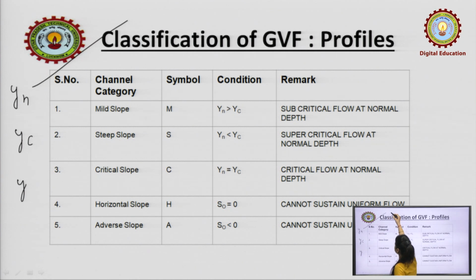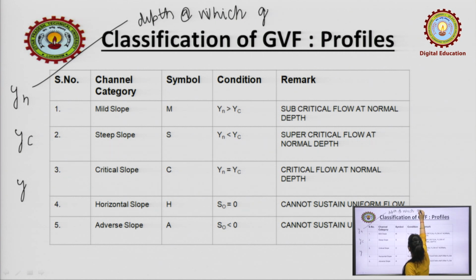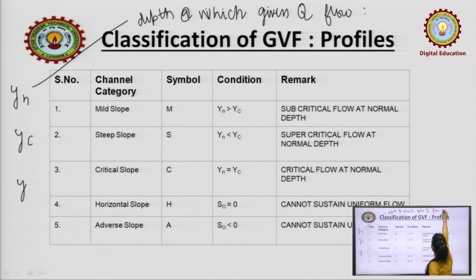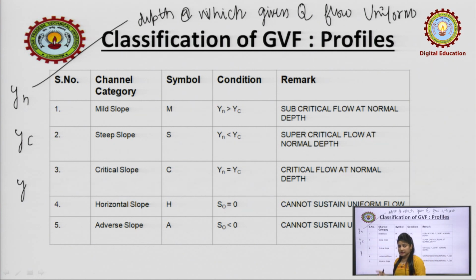Yn is the depth at which a given discharge flows uniform. Whether it is gradually varied flow, uniform flow or rapidly varied flow, there is a depth in that particular channel at which the discharge can be treated as uniform flow.